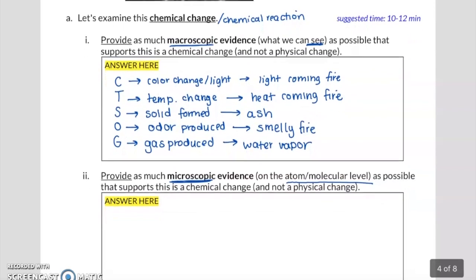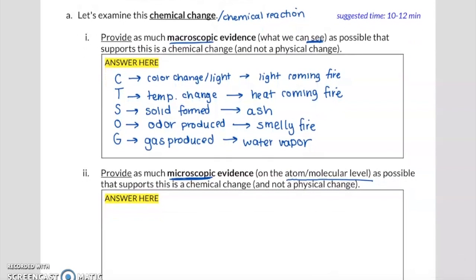So in this example, there's actually 5 macroscopic pieces of evidence. Very, very important to include is that these macroscopic pieces of evidence came from the reaction itself.